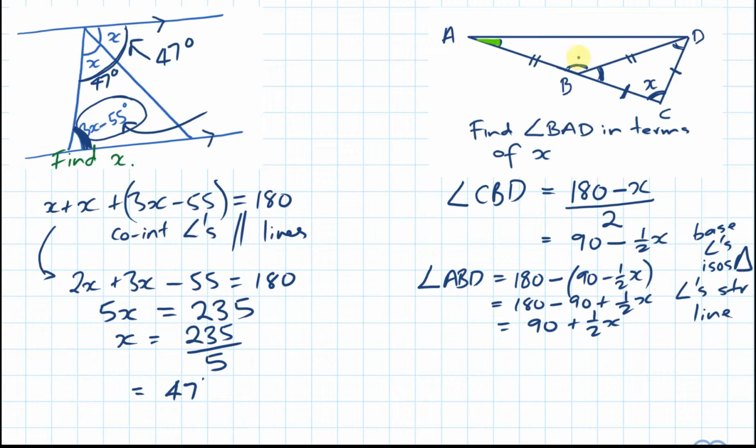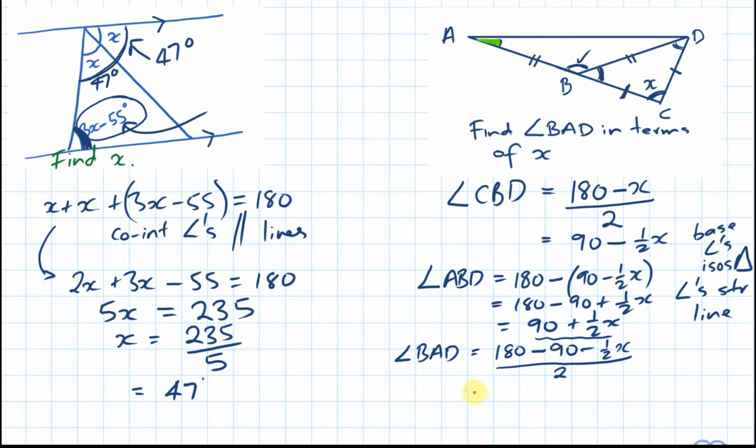So now we know what this angle is. Each of these angles would be 180 minus angle ABD, divided by 2. So the angle we're looking for, angle BAD, is equal to 180 minus this angle here, so minus 90 minus half x, and all of that is divided by 2.